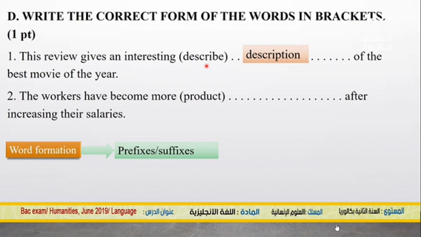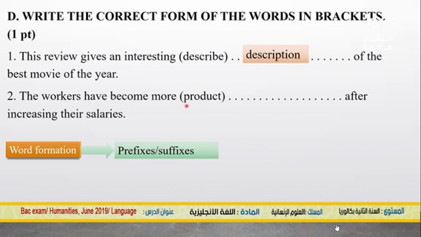Number 2, the workers have become more, and we have the word between brackets, product, gap, after increasing their salaries. Here we have "more," as you can see. Since we have "more," you should automatically know that you're dealing with an adjective. You should find the adjective of product, because "more" is used to compare between two things.